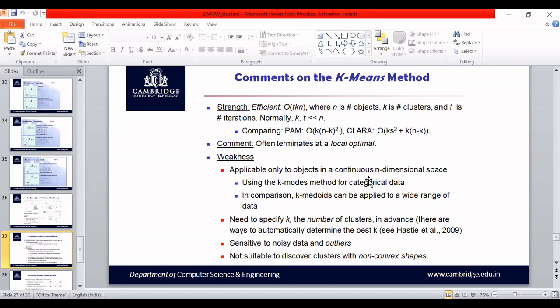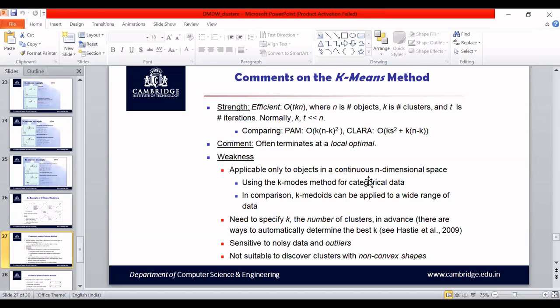What is mode? If I have a distribution, whichever data point is repeated the maximum number of times is called your mode, with respect to statistics. So if your data is categorical, then you should not apply k-means. You have to apply k-modes.